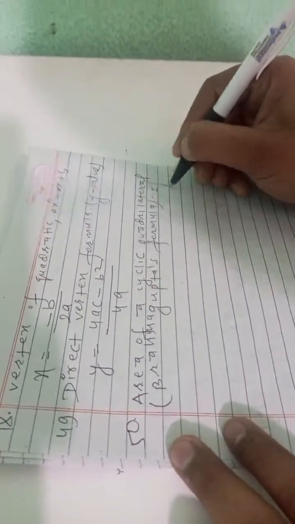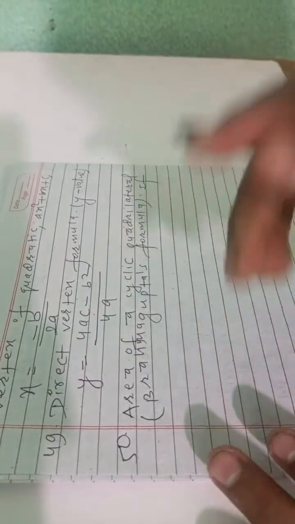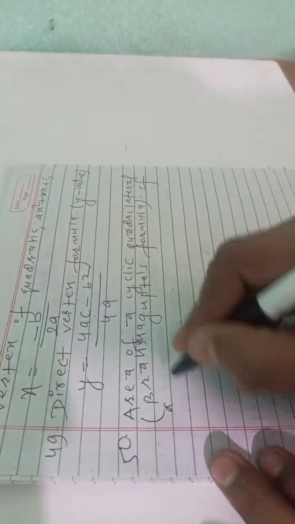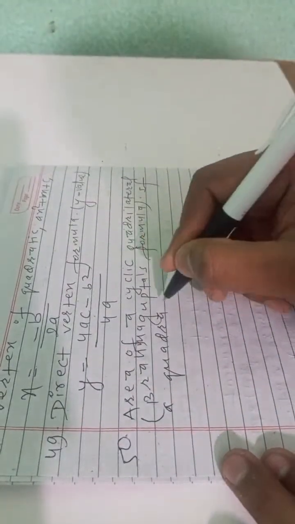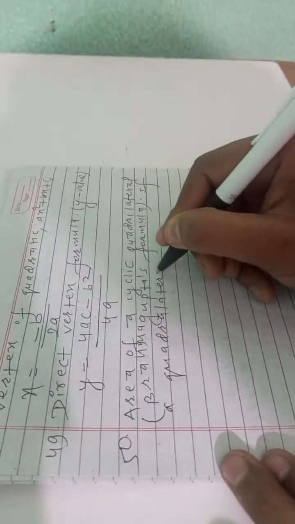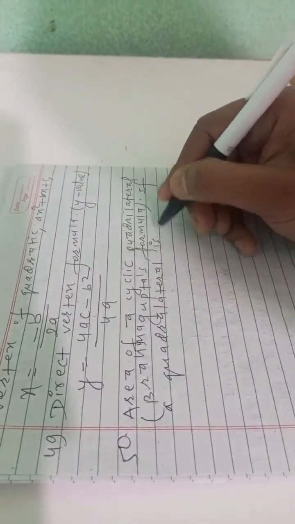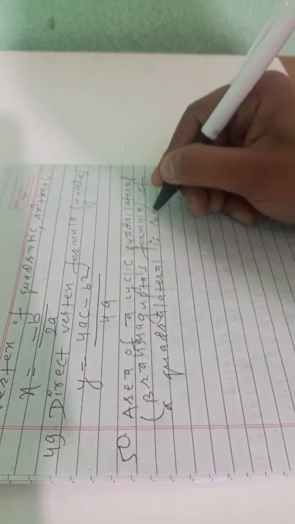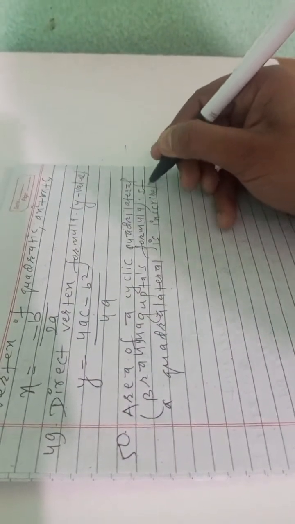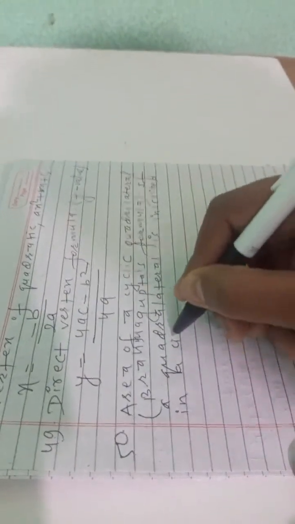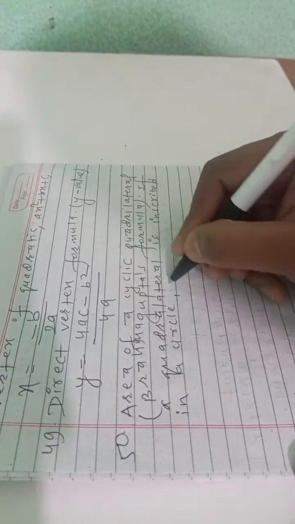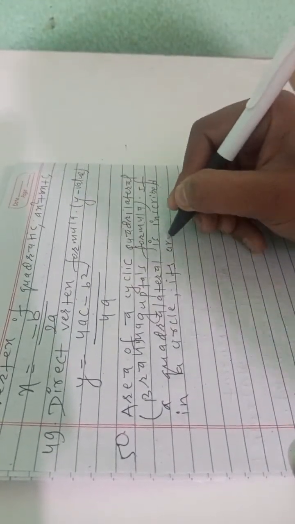Brahmagupta's formula: if a quadrilateral is inscribed in a circle, its area is found like this.